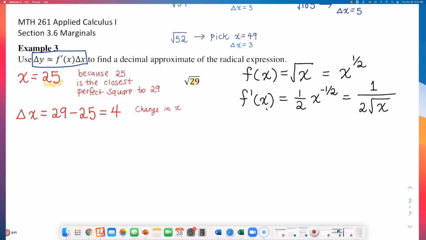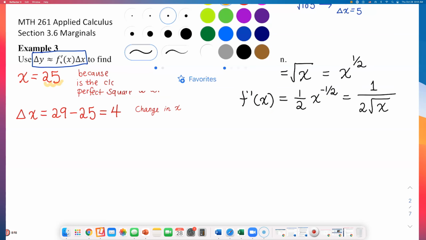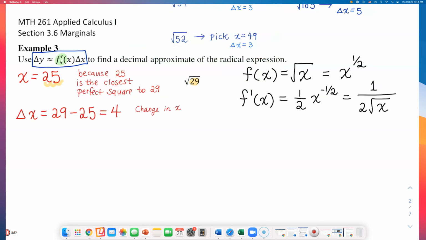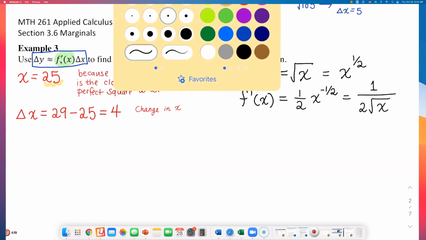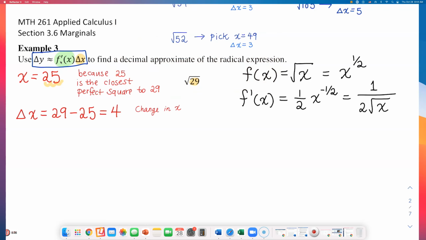I'm trying to find all these pieces. I want to find what f prime of x is, which I'm about to find. And I want to find what delta x is. We already have that: delta x is equal to 4. So that's the piece of information that I have.